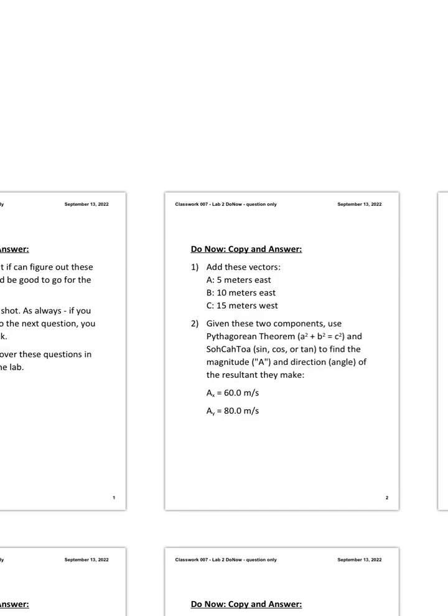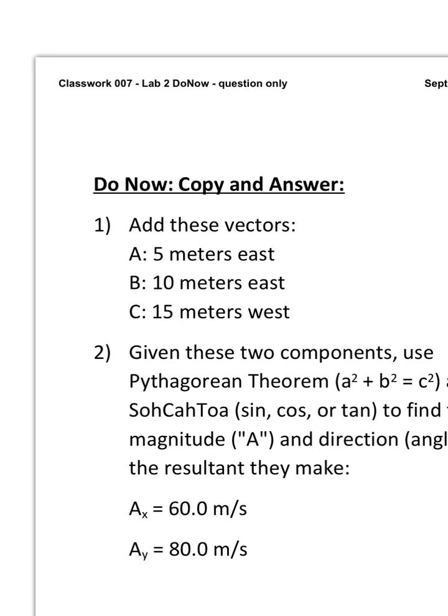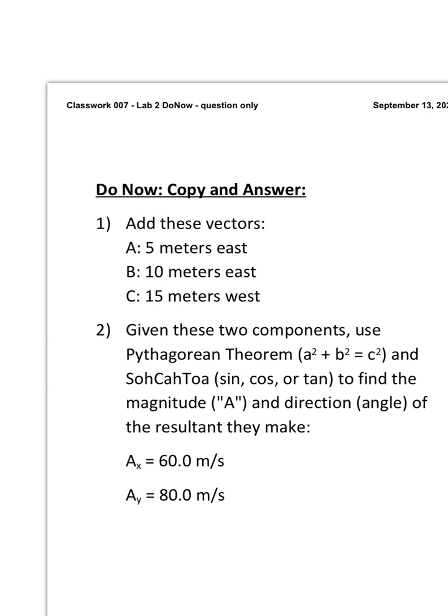All right, so let's begin at the beginning. First we have: add these three vectors: 5 meters east, 10 meters east, and 15 meters west. Now, you could draw this with a ruler and protractor, but you can also think of these logically, because east is to the right. East is 0 degrees, or right.